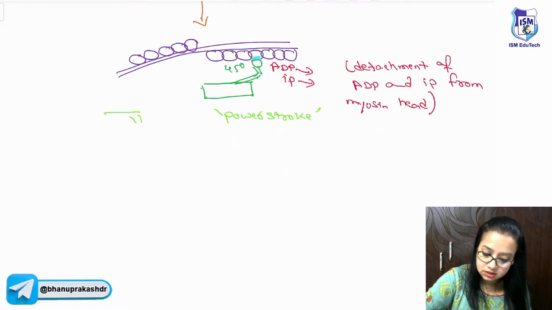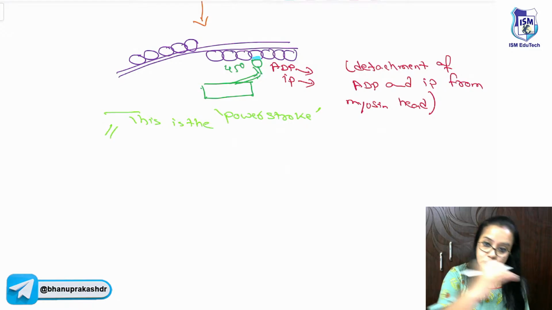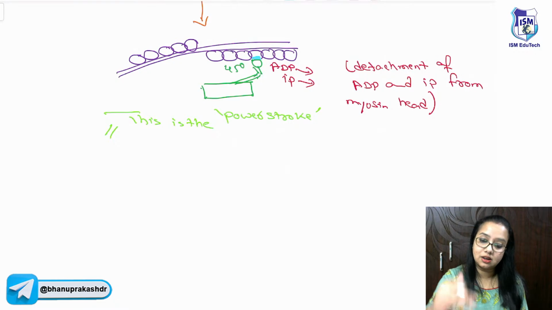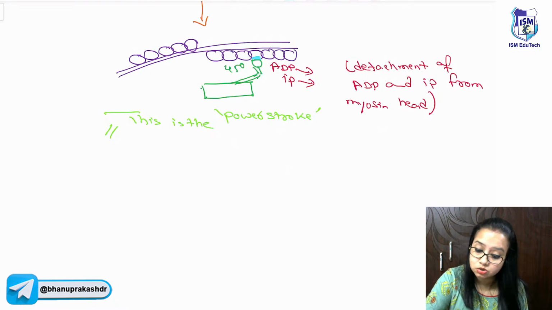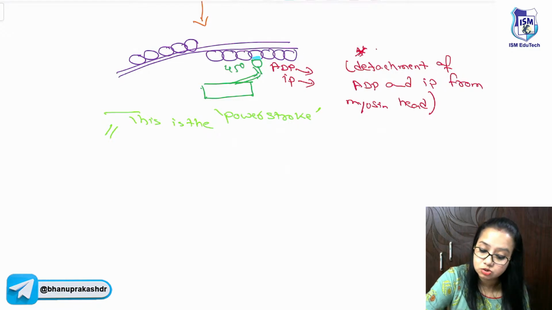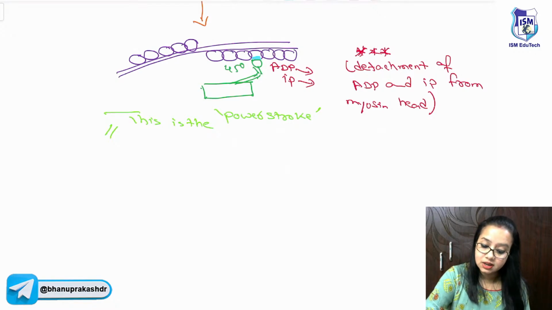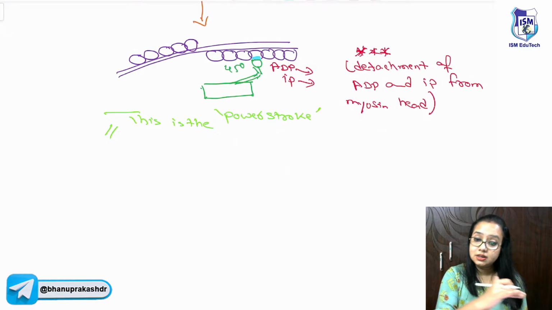So this is the power stroke. That is the pushing of the myosin head at an angle of 45 degrees on the actin. And this power stroke is very, very essential to remember. Power stroke will only happen when the ADP and IP are detached.